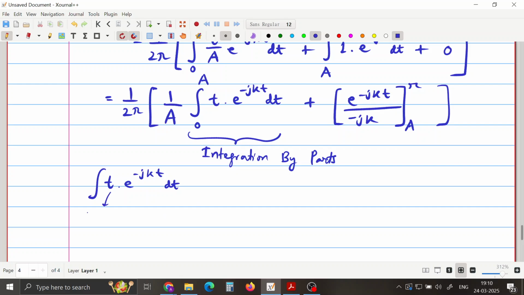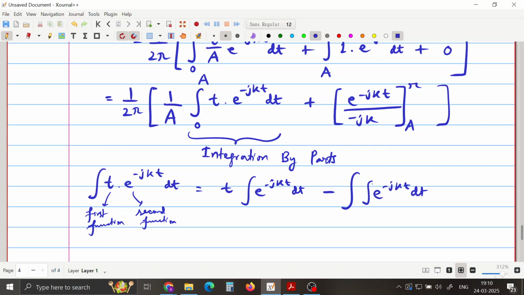And again, you can very well tell that this is going to be your first function because it's an algebraic function, and this is an exponential function, so it will be your second function. So now you can evaluate this as follows. Minus integral. So you'll have the derivative of t, which will be 1. I'm not writing it.